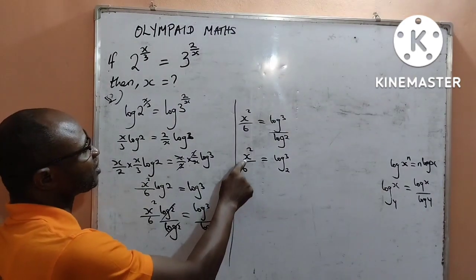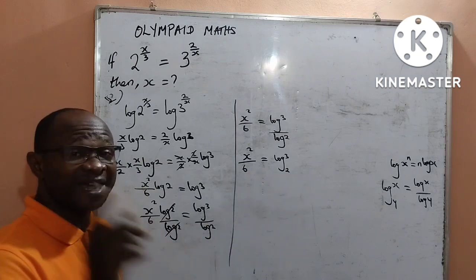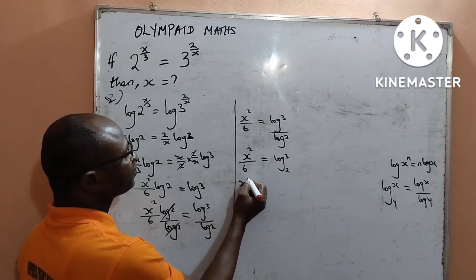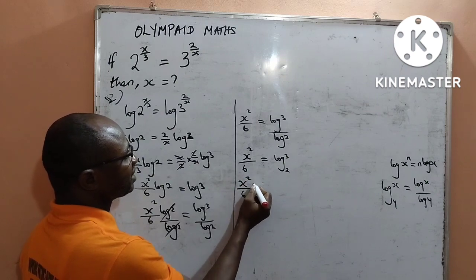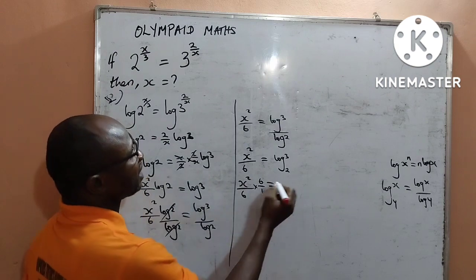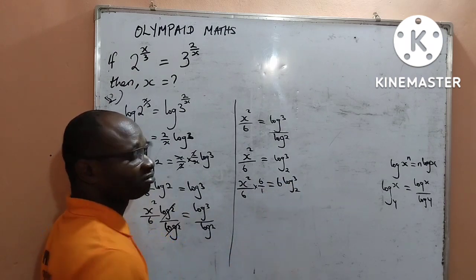To remove this 6, what I will do is multiply both sides by 6. If that is done, you will see I will have x raised to the power 2 over 6 multiplied by 6 over 1, and on the right hand side, I will have the same 6 multiplying the log of 3 base 2.